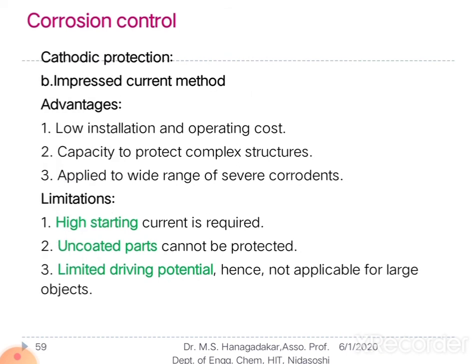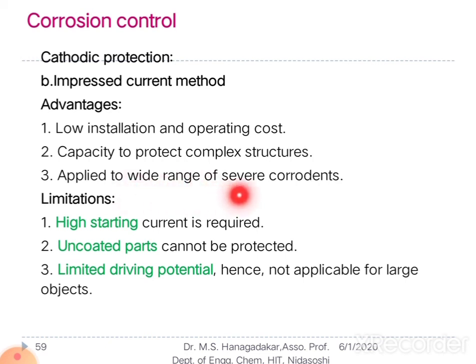Now let us discuss the advantages and limitations of cathodic protection or the impressed current method. Low installation and operating cost. Second one is capacity to protect complex structures.